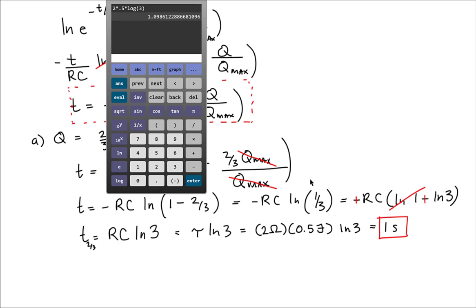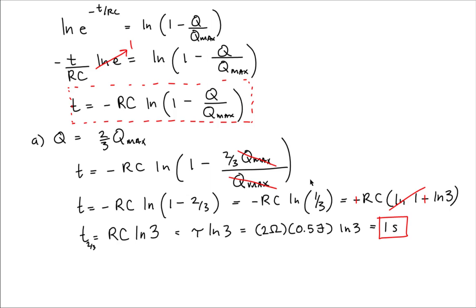So it takes about a second for our capacitor to reach 2/3 of its charge at full capacity. And remember, that's what we expected, because our time constant, the product of RC, is the time it takes for a capacitor to reach 0.67 of its full capacity, approximately. 2/3 is pretty darn close to 0.67, so the time being similar is fully expected and is a good reality check for us.